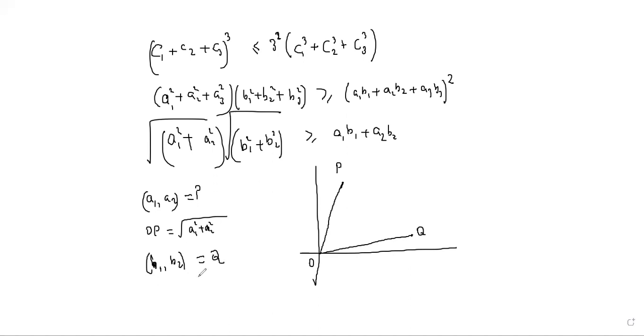So far, it is simple. We can understand what these things mean geometrically, at least the two things on the left hand side. So let us see. So here is b1 square plus b2 square.